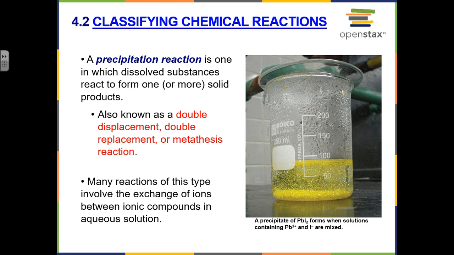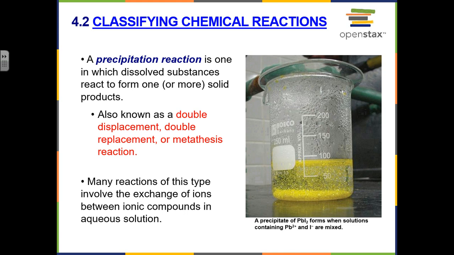Precipitation reactions can be termed double replacement, double displacement, or even metathesis reactions. But essentially the concept is the same, where you're mixing two binary compounds, and you form another set of binary compounds, one of which, if it's a precipitation reaction, is a solid.